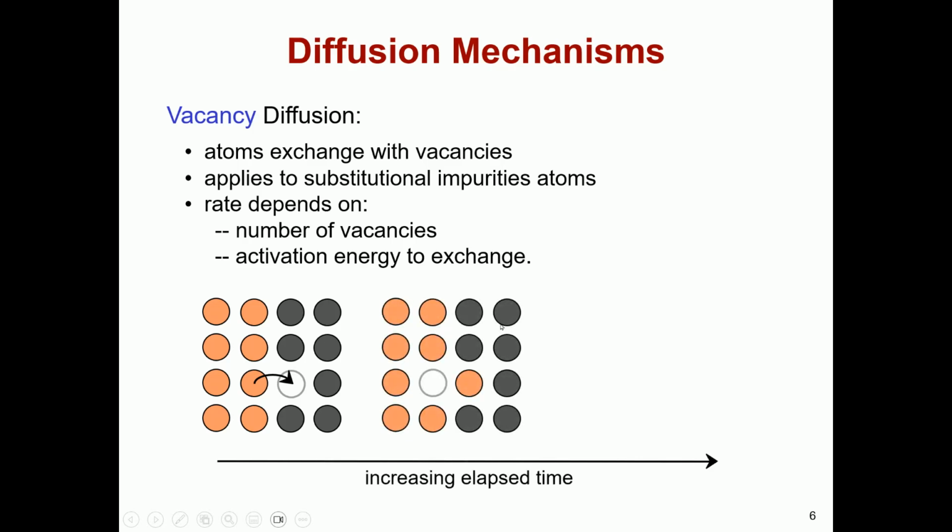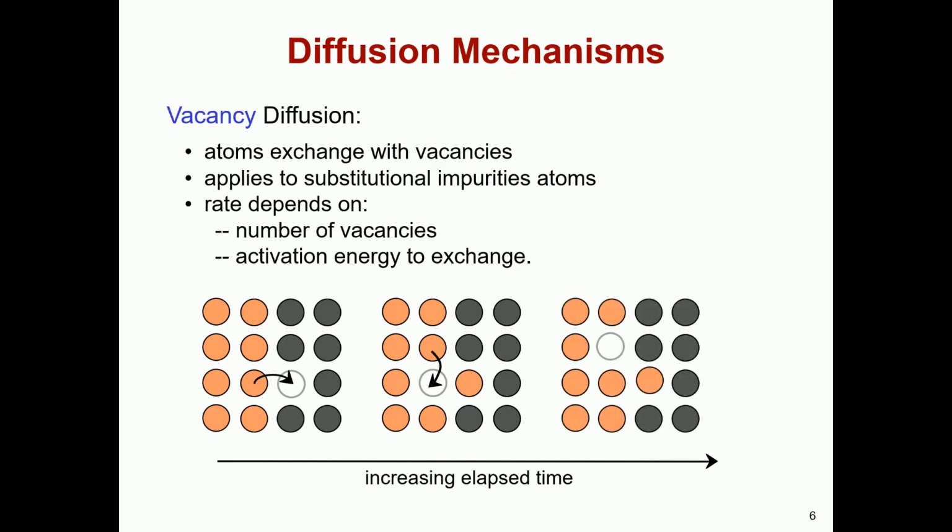First is the number of vacancies present: more vacancies means faster diffusion. Second is the activation energy required for an atom to jump into the vacancy site. As you can see in the animation, the atom progressively moves into the neighboring vacancy site, creating a continuous diffusion path through the material. This mechanism is conceptually straightforward, I think.